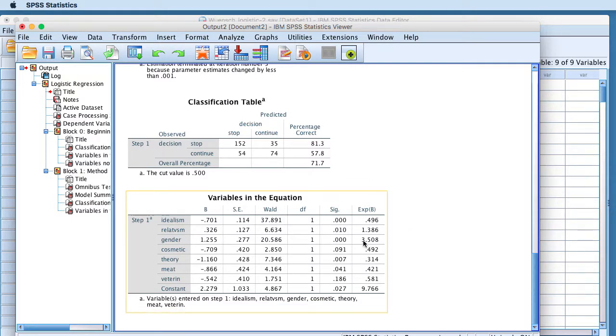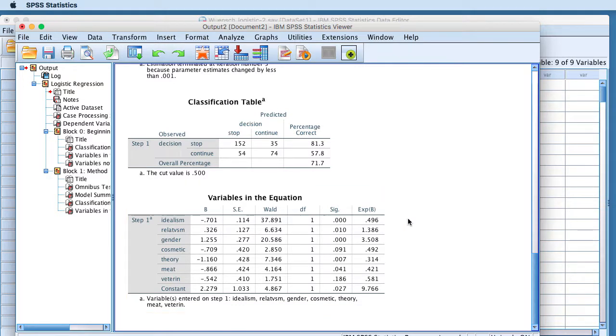And the reason we have this positive 3.5 is because males were coded 1 and females were coded 0. So in this case, males are 3 times more likely to continue the experiment than females.